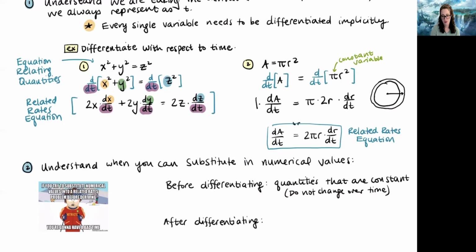Okay, the ones that you have to wait until after you differentiate are things that have rates of change over time. So these are things that do change over time. So these are variables that do change over time.